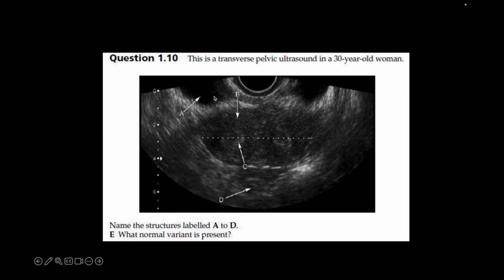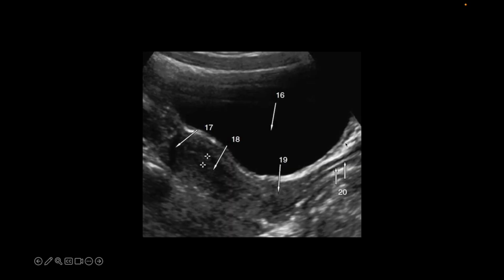A is the bladder. The bladder is being pushed a little bit out to the side here, and we're quite low down. And then C is the endometrium, which is this hyperechoic structure here. Within that, you've got the actual cavity. Sometimes you get a bit of fluid if someone is menstruating. And this variant, because you've got one here and one there, is called a bicornuate uterus.